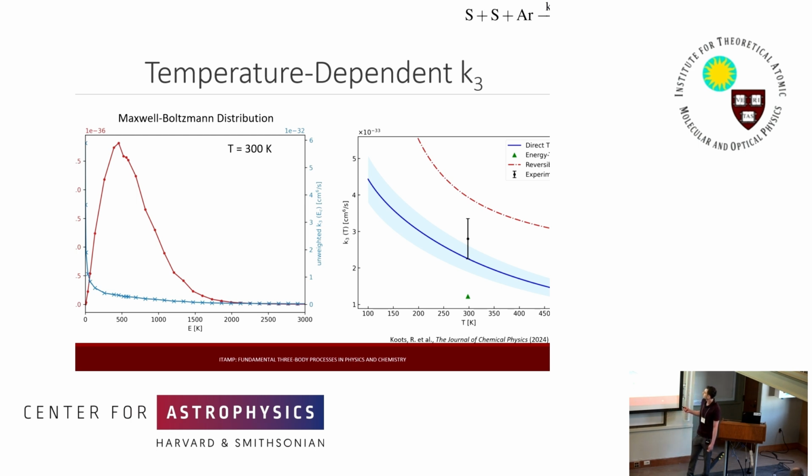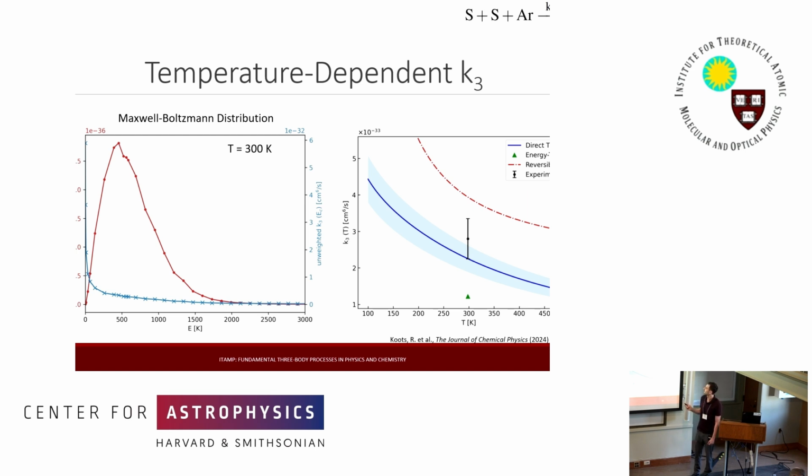I also put some other attempts to characterize the sulfur recombination, specifically the principle of reversibility, which is given in red, where the reverse reaction was calculated, and then the reverse reaction of that, which is this reaction, was calculated.